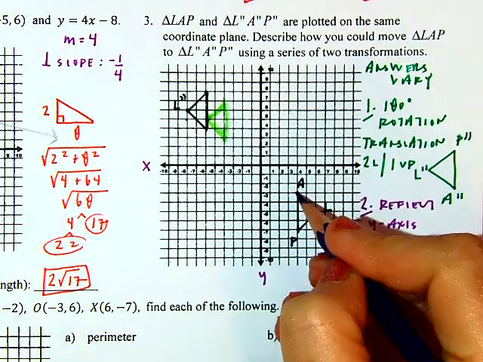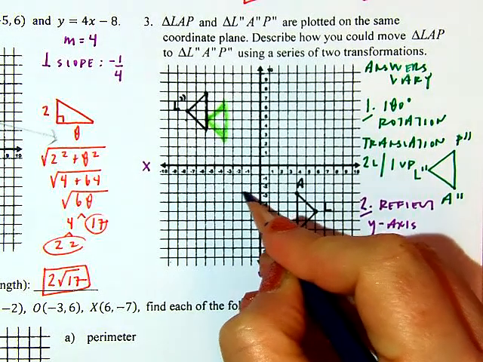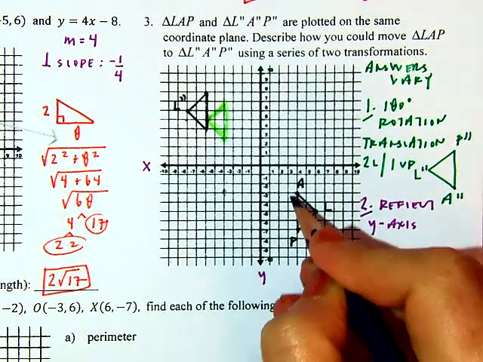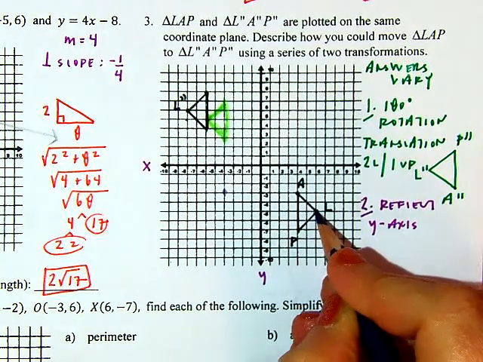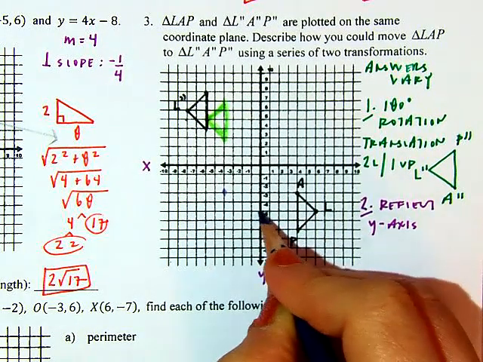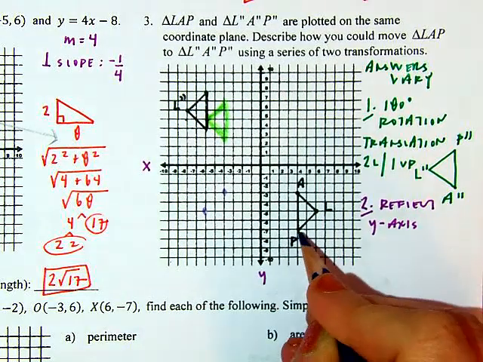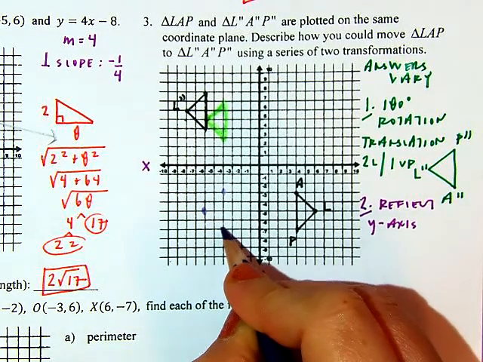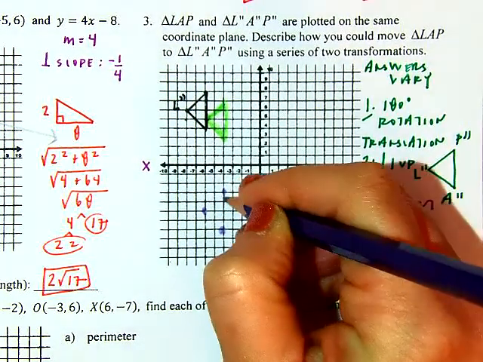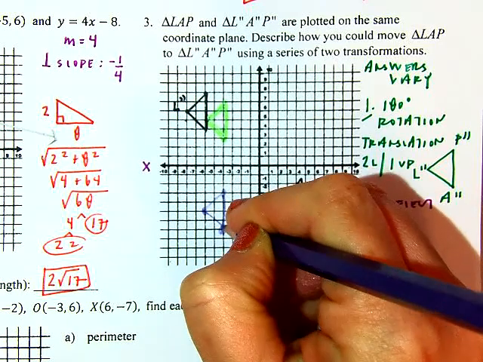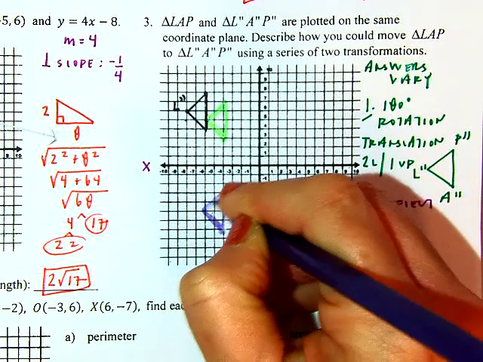Here we're 4 away, so here would be my new A prime. L is 6 away, so right here would be the L. And then P, 4 away, here would be the new P. So here would be all the single prime points in this position.